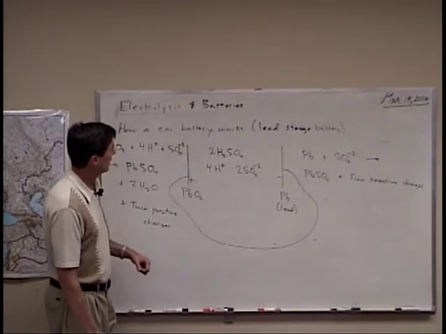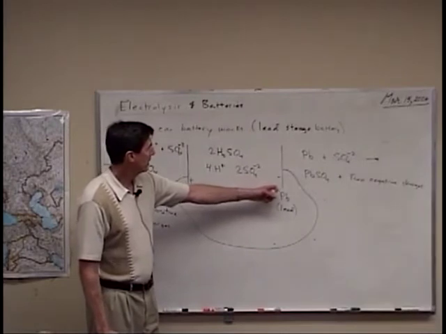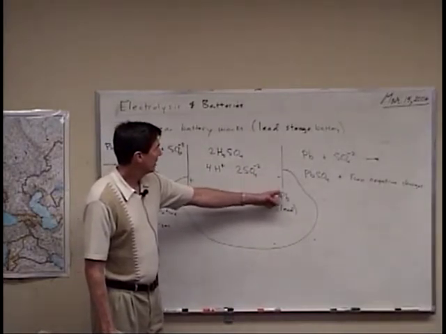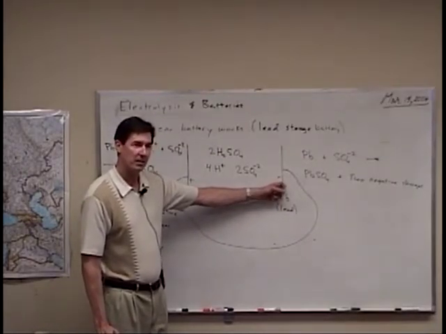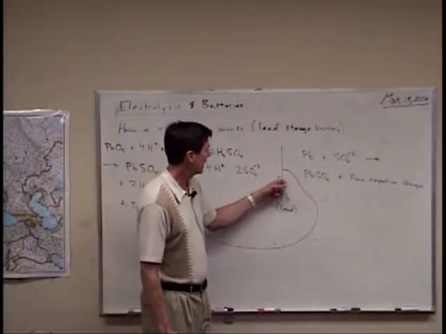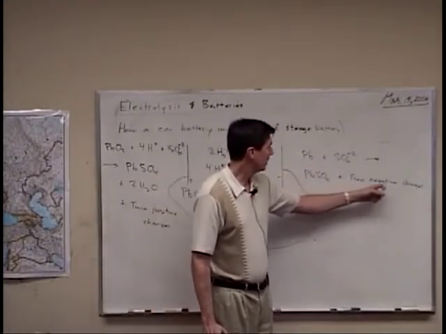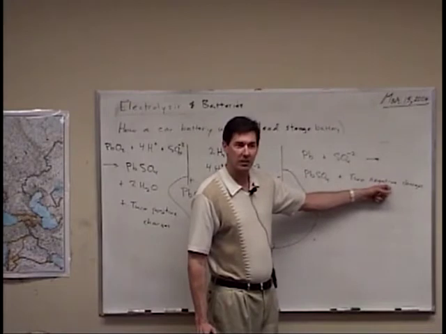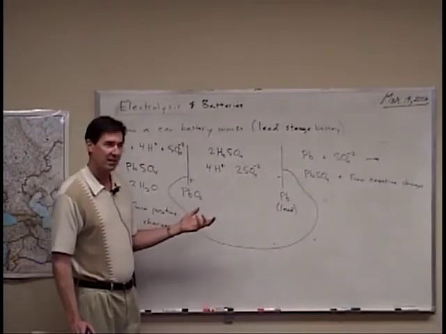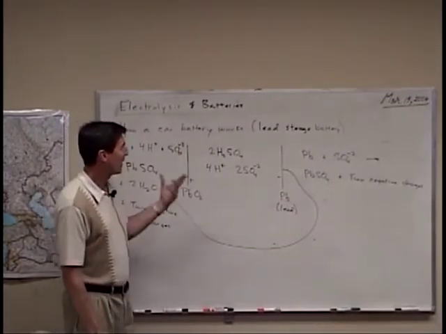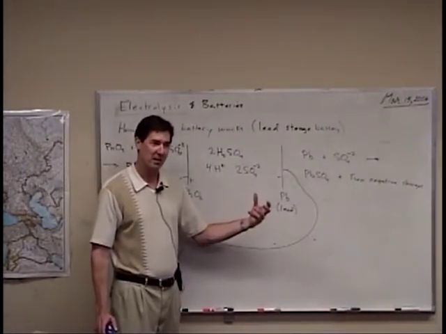Now, notice here that for the amount of lead that reacts, every time there's a lead atom here that reacts, you're getting 2 electric charges, not just 1, for every lead atom. That's different than hydrogen, where you were just getting 1 charge per atom.